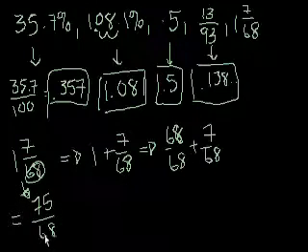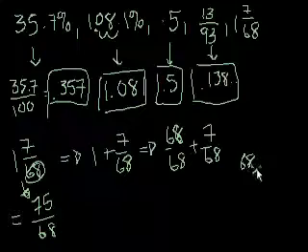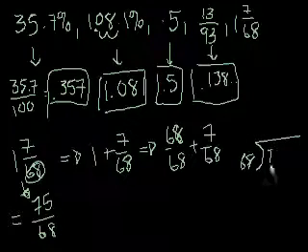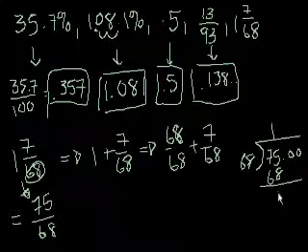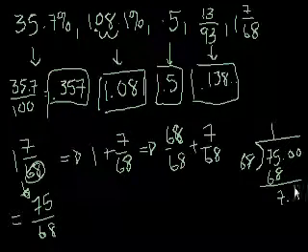Now we convert this to a decimal using the technique we did for 13 over 93. So 68 goes into 75 one time. 75 minus 68 is 7. Bring down the 0.